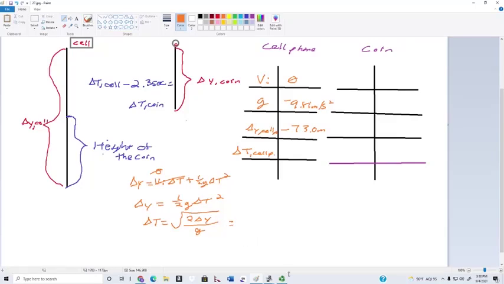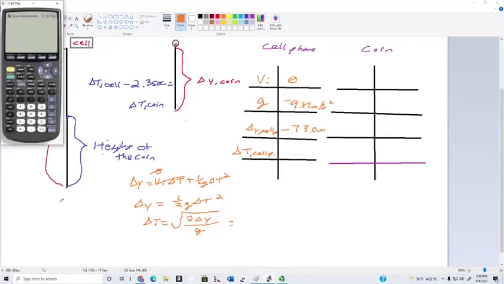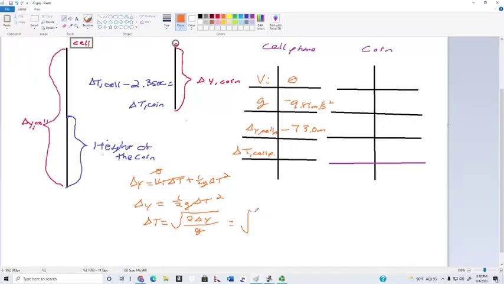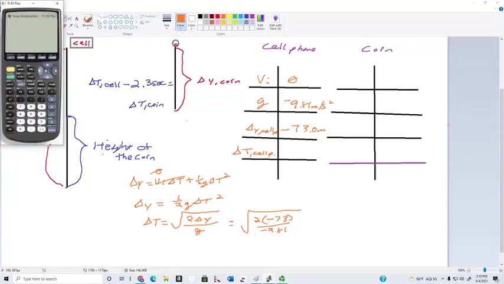That's the square root of 2 times negative 73, divided by g, negative 9.81. We take the square root of that.